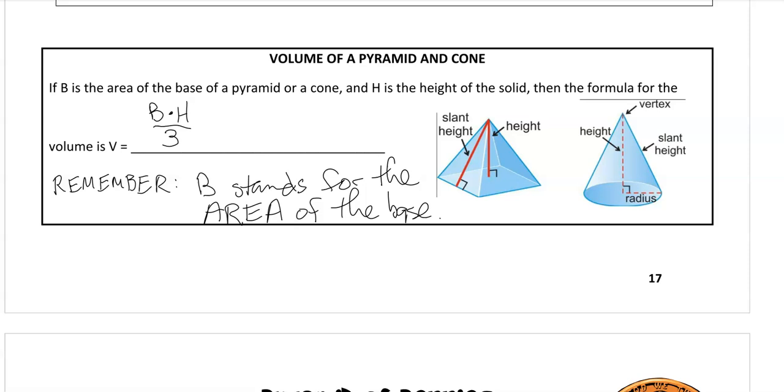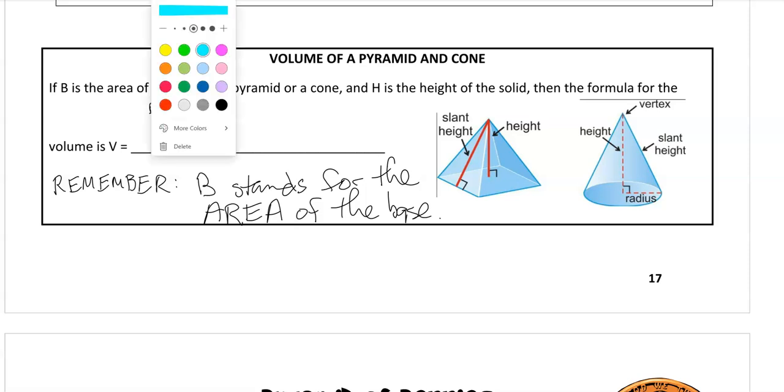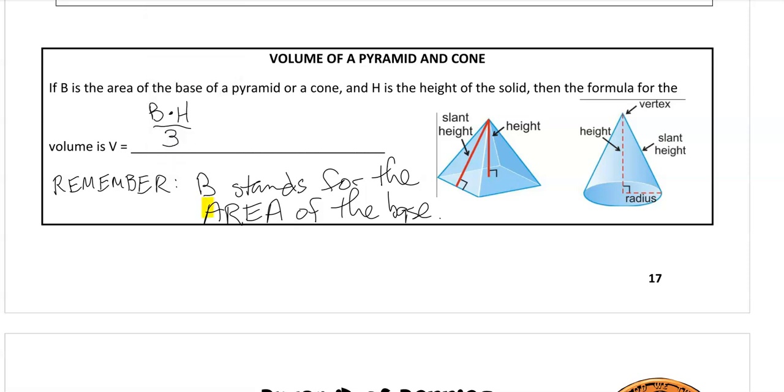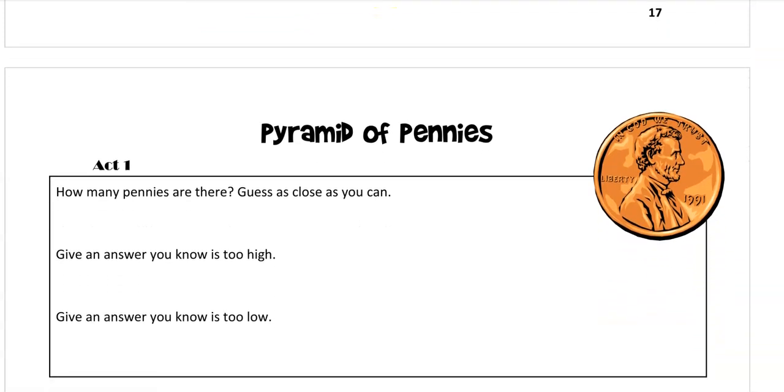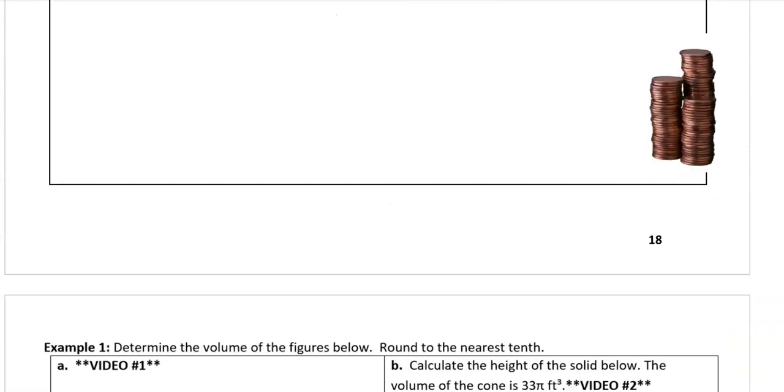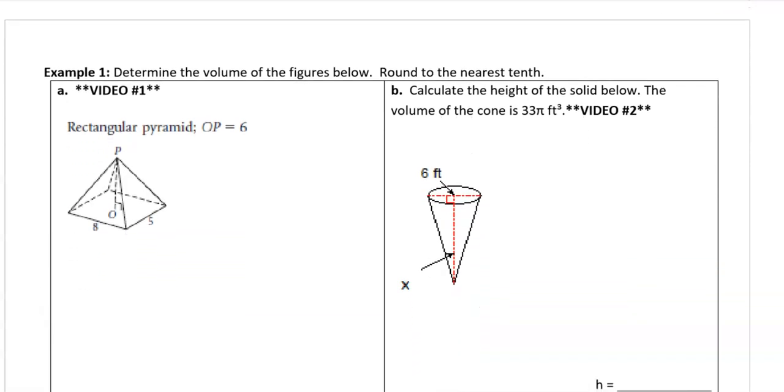So you're going to have to find the formula that you need to find the area of the base. This is one of the most important concepts for this volume unit. Okay, so we're going to go ahead and skip Pyramid of Pennies, and we're going to move on to some examples.